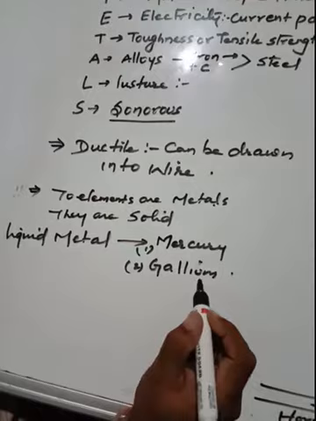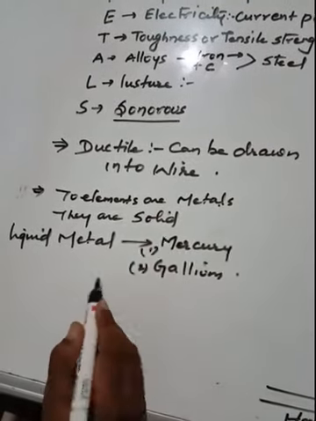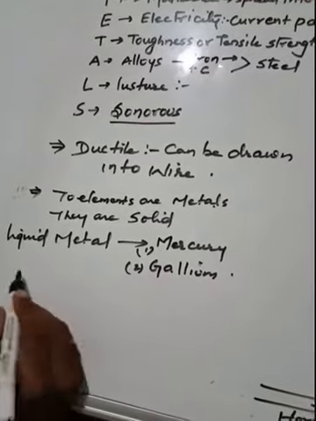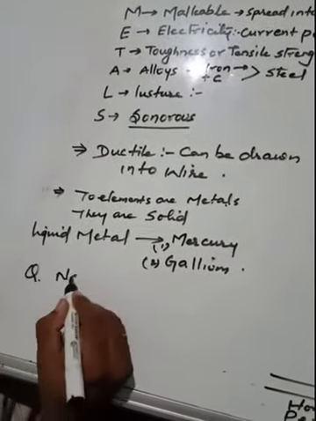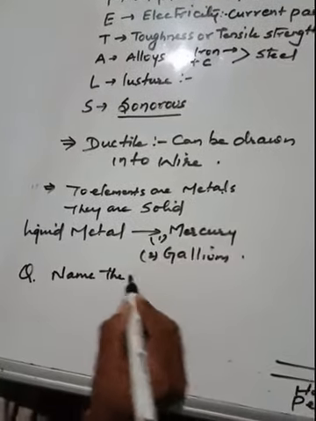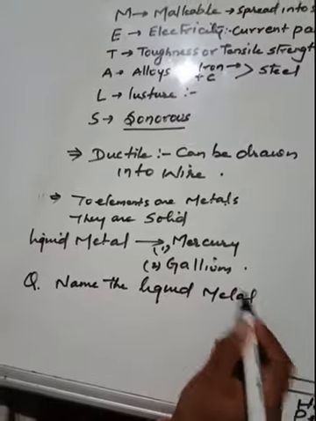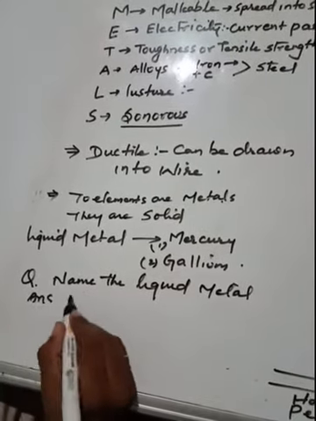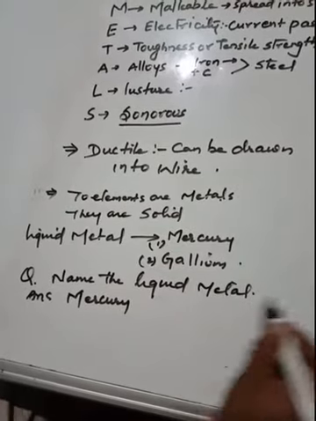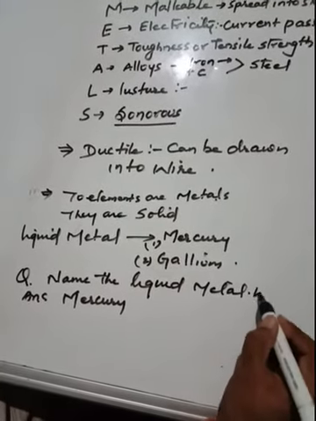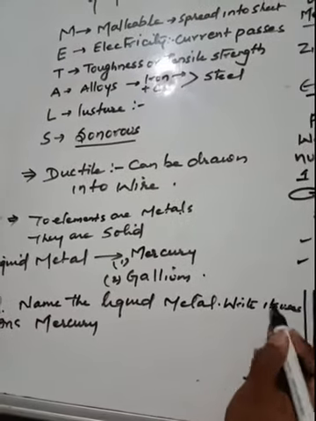So we are able to explain the properties of metals. Now a one mark question comes. Name the liquid metal. The answer will be mercury. Or again, if the question is elaborated, write its uses.